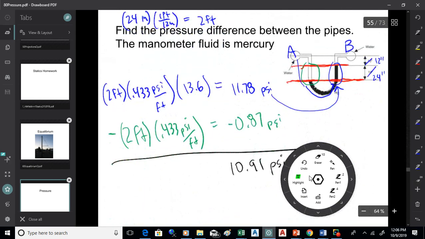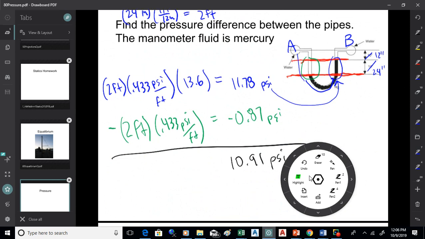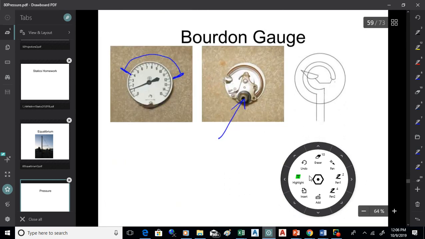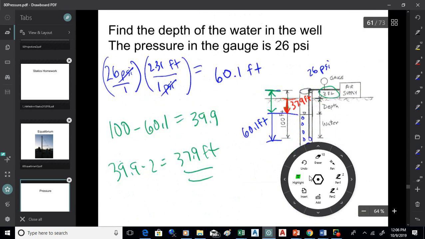And then we did a couple special applications with manometers. Find the pressure required to hold up the mercury on one side, but then subtract off the pressure required to hold up the water on the other side on this one. And then we did this little deal here with a bubbler gauge, where you're actually finding the back pressure that you're pushing the air bubbles out against.